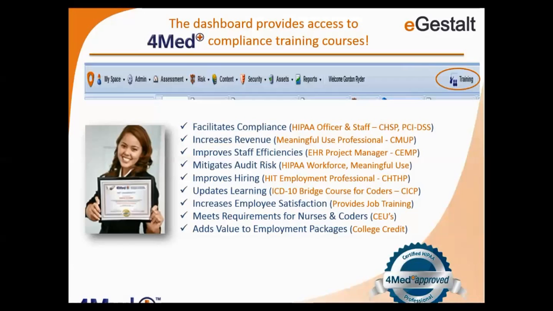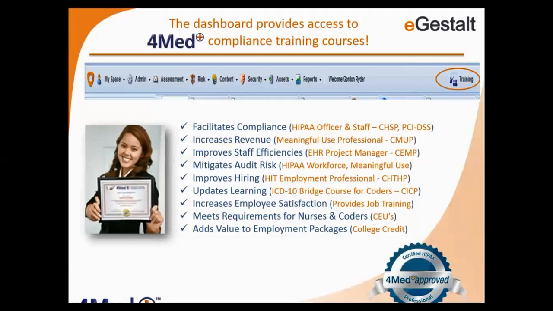So we partnered with eGestalt as a way to make sure that folks who are looking to automate their privacy and security aspects of their practice can do so all in one spot. So as Anupam has been sharing with you, there are tools that they have developed that help you to automate compliance, create the reports, identify gaps, and get all of the information that you need on a continuous basis around your security posture.